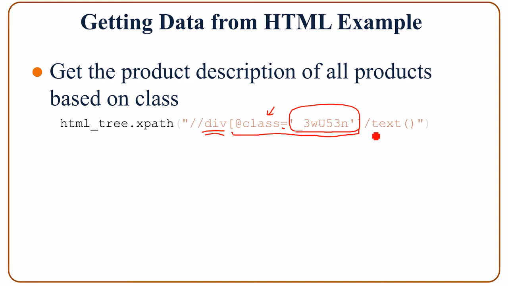And I'd like to return the text of the div tag, and I'd like to return all such div elements. And that's where I use the double slash. Then you will see more when you go to the notebook and practice.